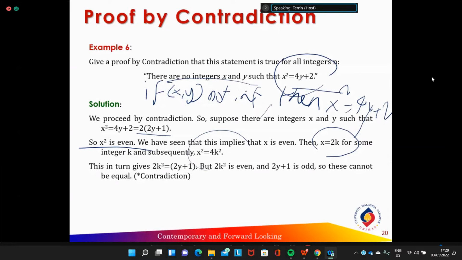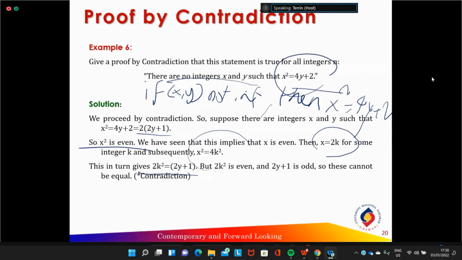So you have your 4k squared, which is the same as 2 times 2y plus 1. So if 2k squared is even and 2y plus 1 is odd, then we know that it doesn't make sense, isn't it? The left hand side and the right hand side.